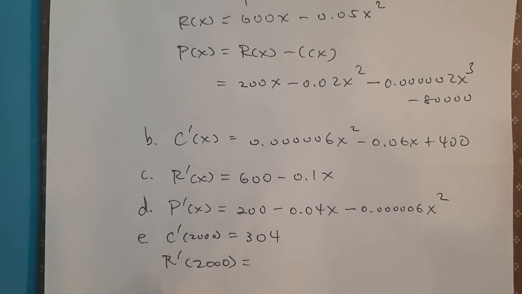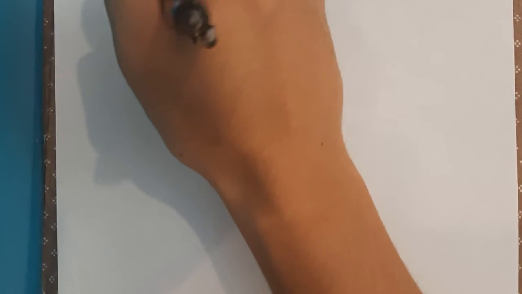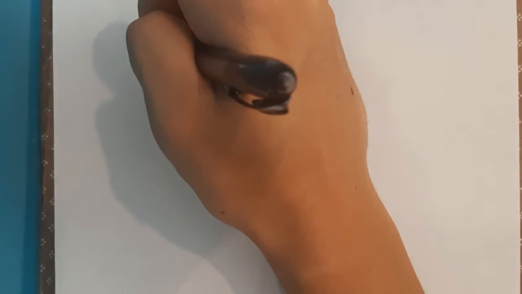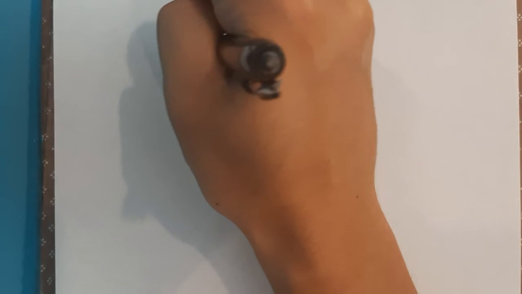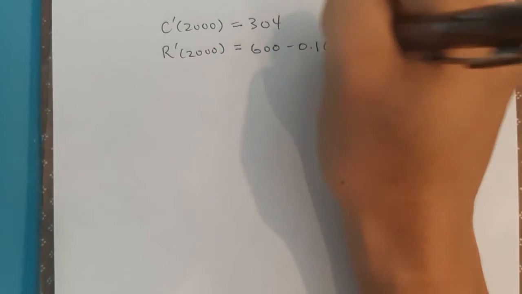I think we can write on a separate piece of paper. So we found C prime of 2000 is going to be 304. R prime of 2000, that's 600 minus 0.1 times 2000.